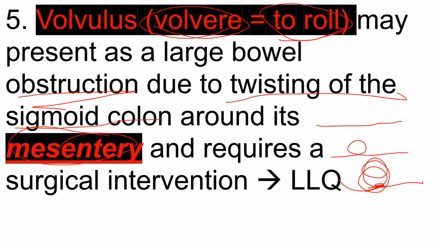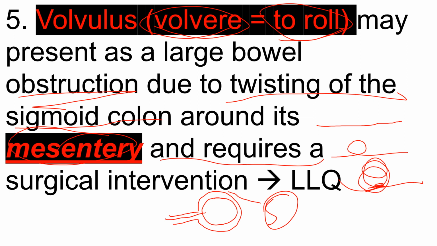And I'll remind you that mesentery is a double fold of the peritoneum that wraps around the bowel, right? It's how the blood vessels get to the bowel. So this is the serosa, which is the peritoneum. So basically, you need a surgical intervention.